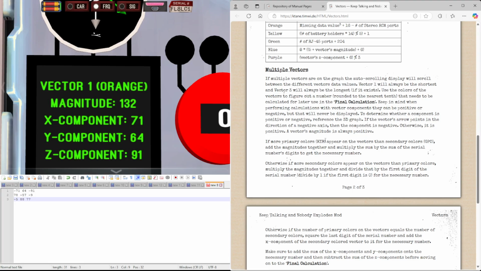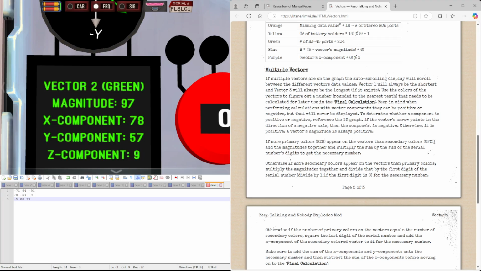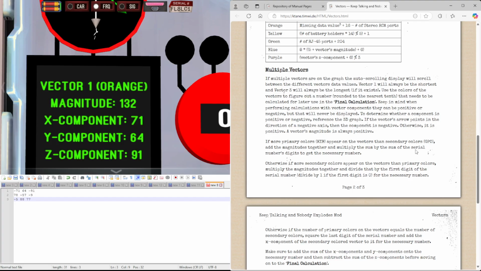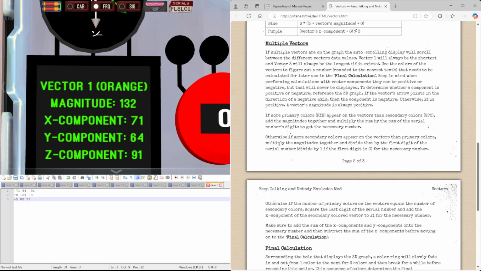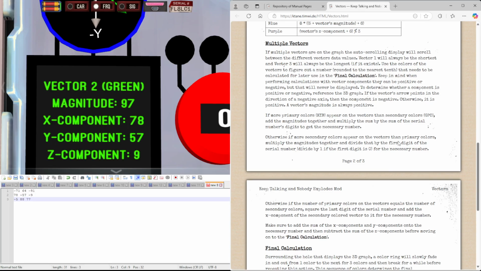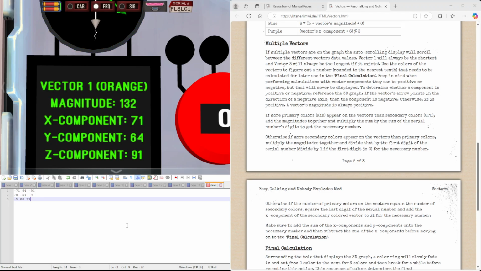If more primary colours appear in the vector, we've only got secondaries. More secondaries appear, bases in primaries. Multiply the magnitudes together and divide over the first digit of the serial number.